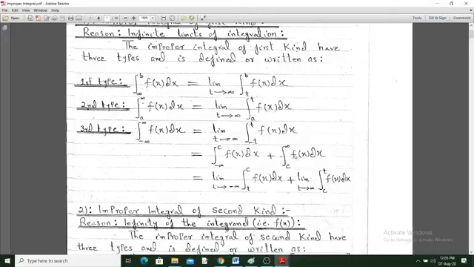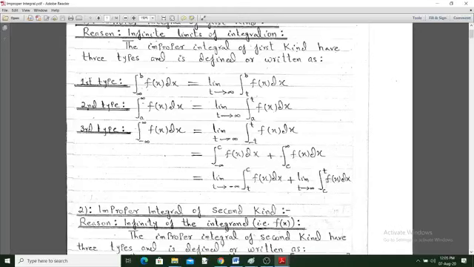And this is first kind and second type, because the upper limit is infinity. We solve the first by writing limit t tends to minus infinity of integral t to c f of x dx, and we write the second integral as limit t tends to infinity of integral c to t f of x dx. So this is first type and this is second type.